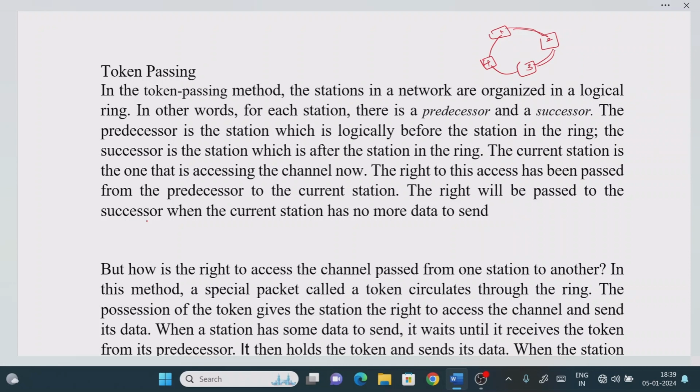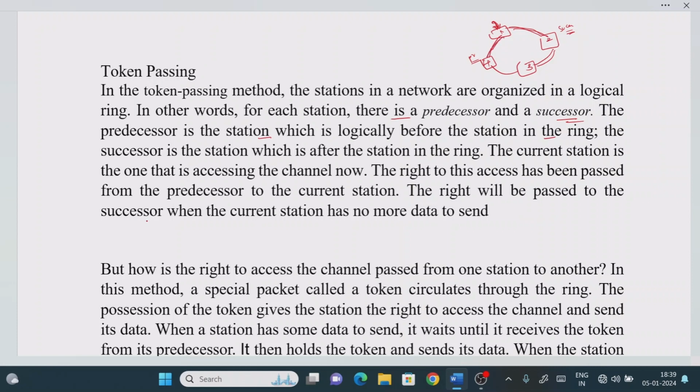In other words, for each station there is a predecessor and there is a successor. Suppose I am here, this is what we call the predecessor, and this is what we call the successor. After the current station it is the successor, and before the current station is the predecessor. The predecessor is the station which is logically before the station in the ring.